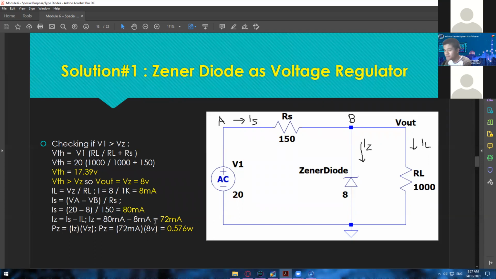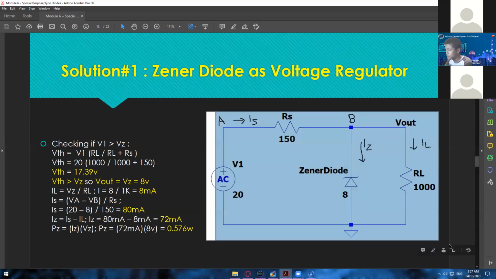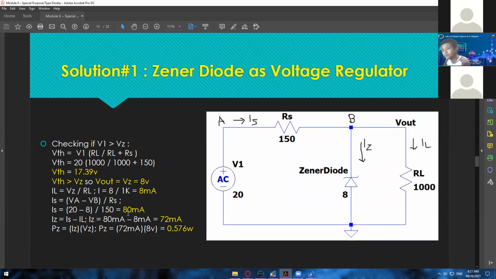In here, I will leave the analysis part to you guys since everything is very straightforward. We just substituted all of the given values right here, and then just confirm whether my computation or my final answer is correct or not.